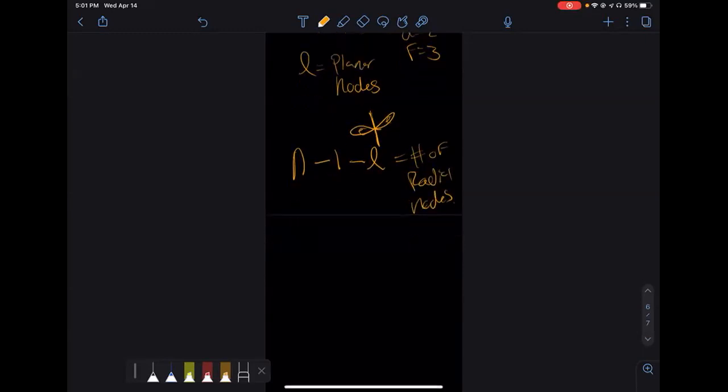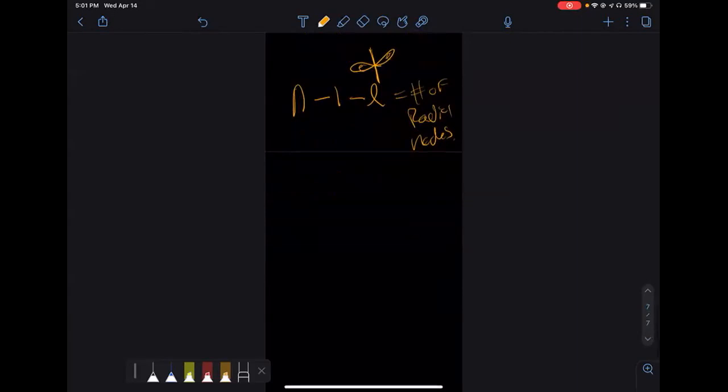Let's find a good example. Yeah, so for example, if we're talking about potassium, potassium is a 4s1.